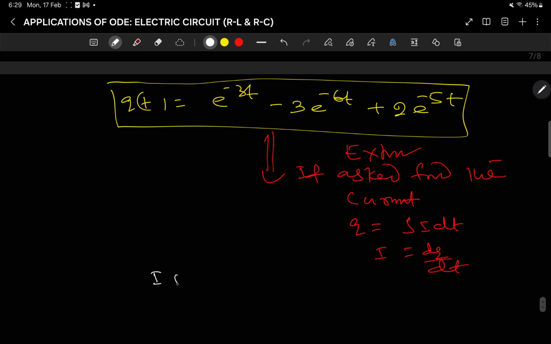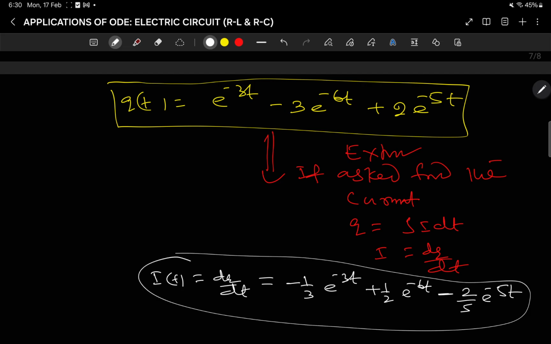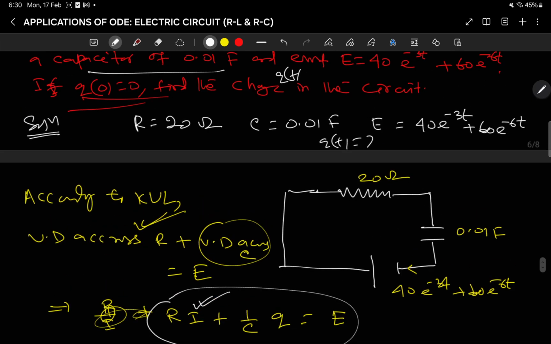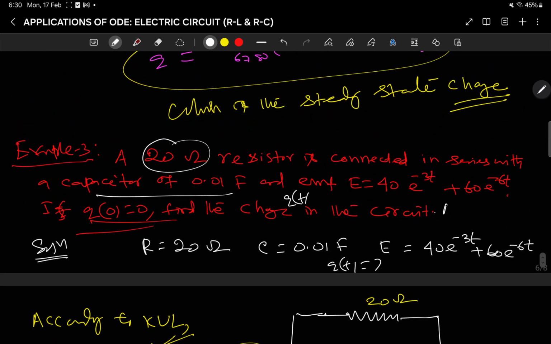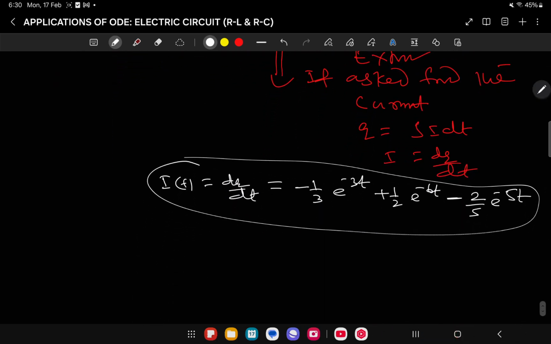So I equals dQ/dt, which gives minus 1/3 e^(-3t) plus 3/6 plus half e^(-60t) minus 2/5 e^(-5t), if it is asked. But here it is not asked. If it is asked, you can continue like this. Okay, so with this we conclude.